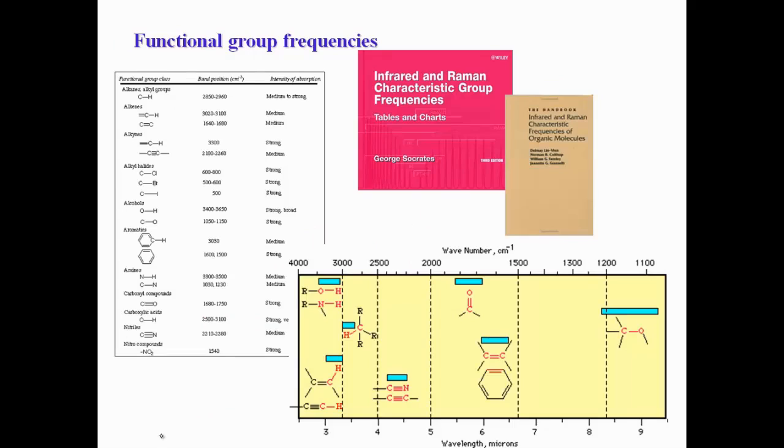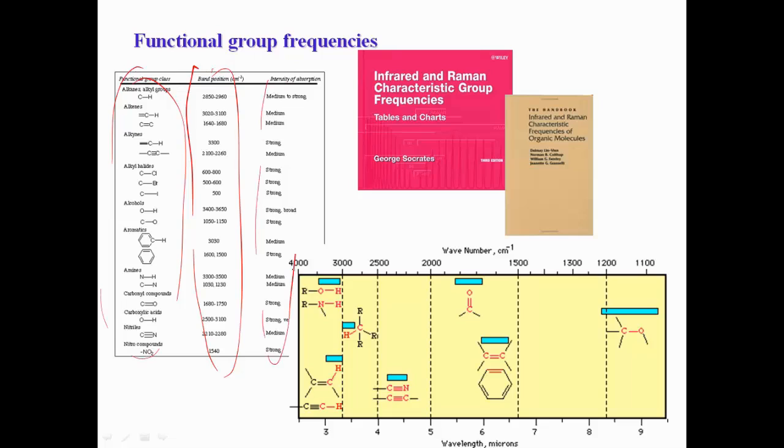So here are just some examples. You can see here they have classified, this is for organic biological molecules, the different types of groups you can have. And in this column you have where they come up, in what region of the spectrum. And as I said, we didn't mention the intensity, but the intensity can sometimes be a guide.